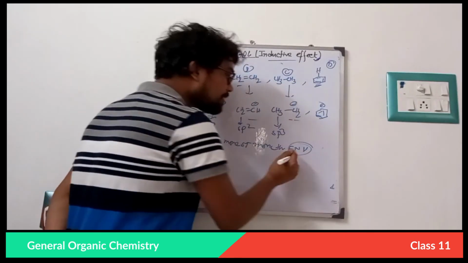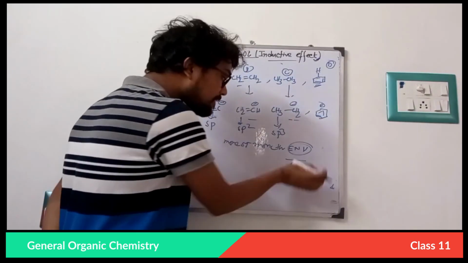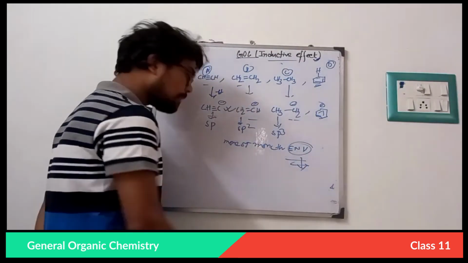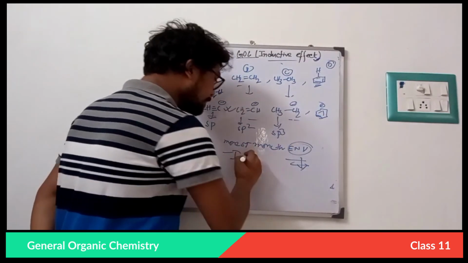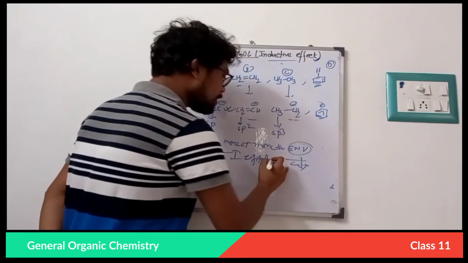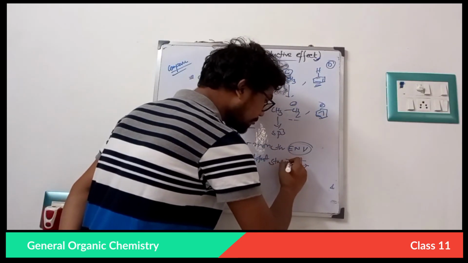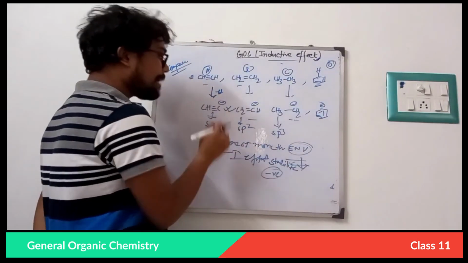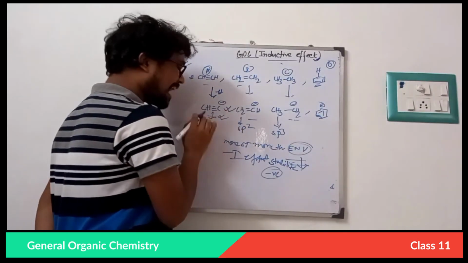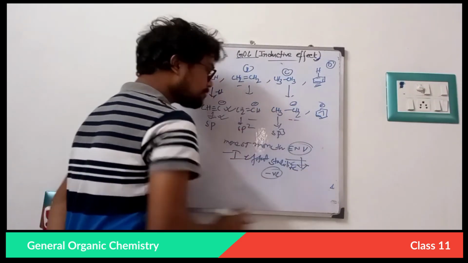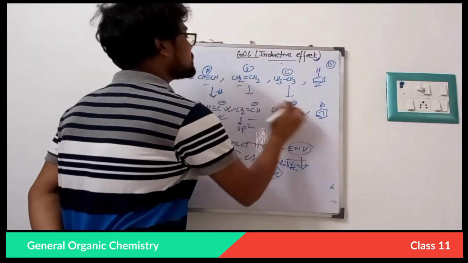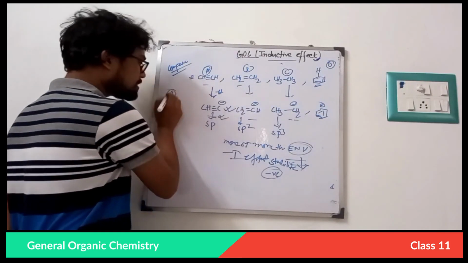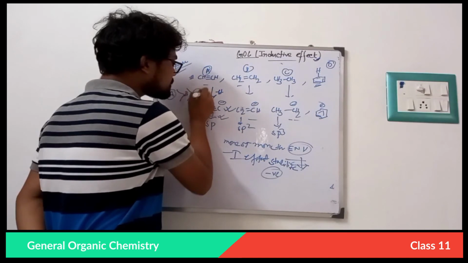If the electronegativity is increasing, then this electronegative atom stabilizes the anion. I have told you that minus I effect or electronegative effect stabilizes negative charge species. So sp has the highest electronegativity compared to sp2 and sp3. So between A, B and C, A is most acidic, then B, then C.